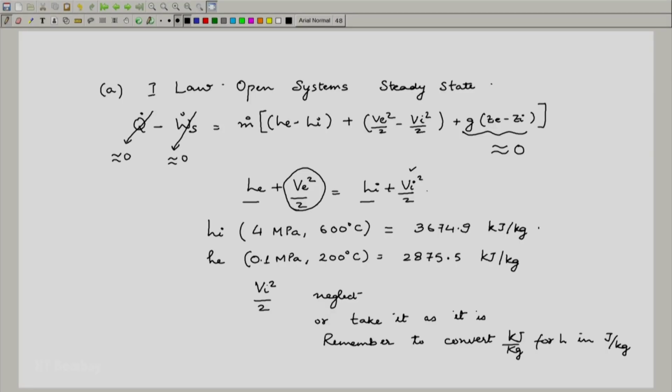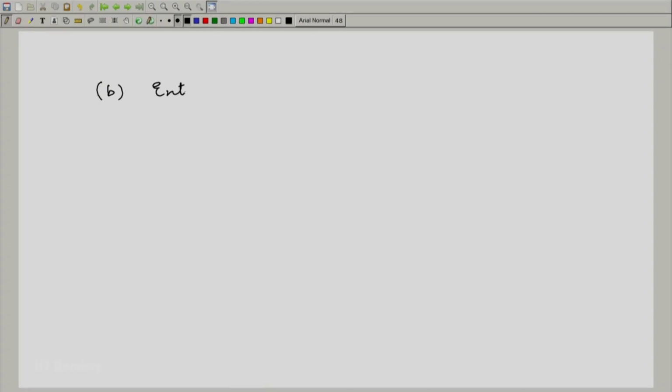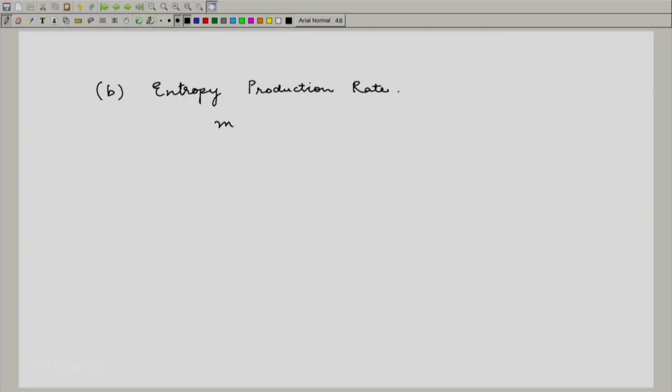We will take up the next part, which is regarding the entropy production rate, and you realize that this is a steady state system with Q dot assumed to be 0, and all you would actually get is that M dot times Se minus Si is equal to S dot P. So, Se can be read out from the steam tables. This would be 7.8356 kilojoule per kg Kelvin.